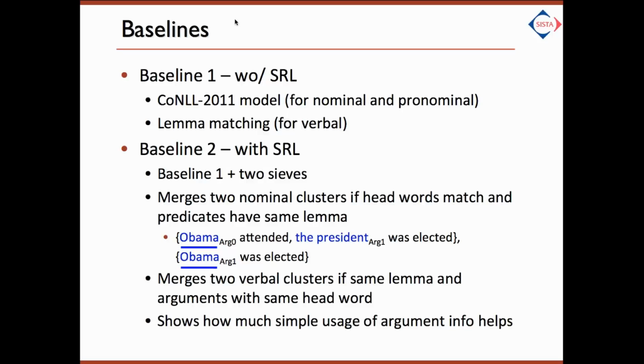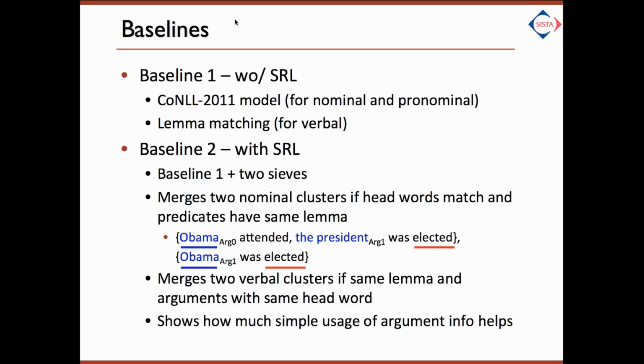The labels match, although they come from different mentions, and the predicates match. Right, so in this case, even though we weren't sure with a deterministic system, now we merge them because we have additional information from the semantic frames. And we do exactly the opposite for verbal clusters. We merge verbal clusters if they have the same lemma and arguments of the same word.